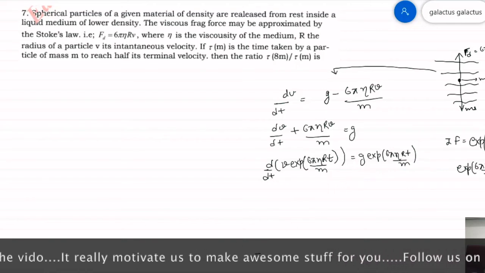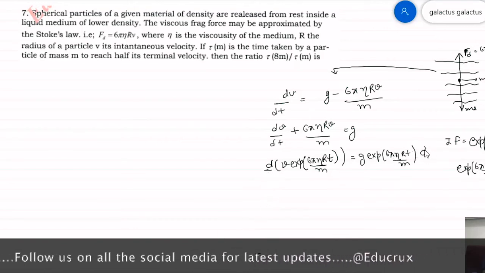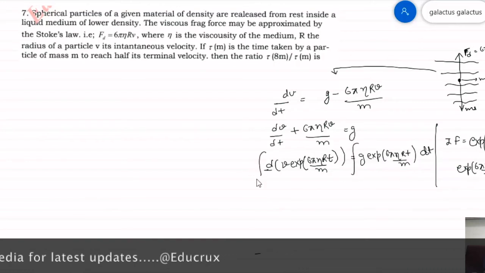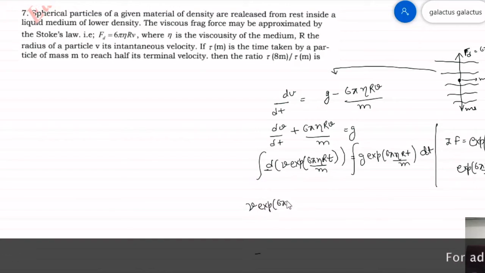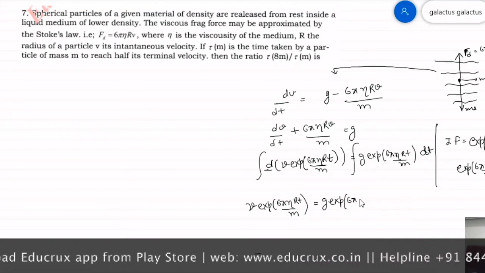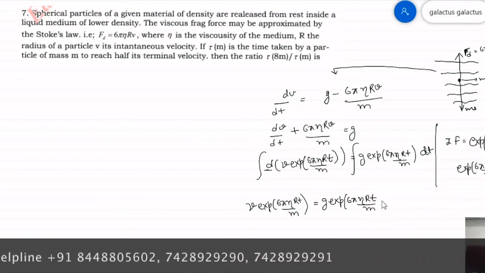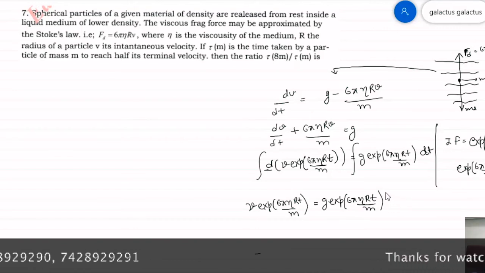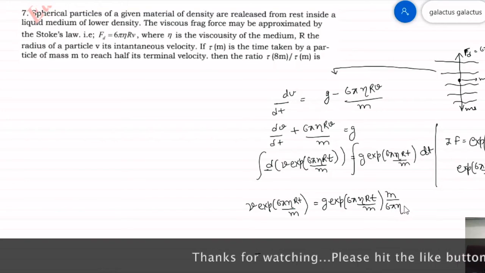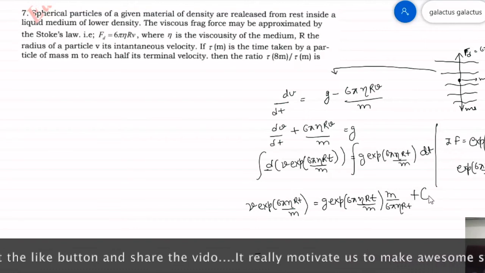If I take dt from the denominator on the left hand side to the right hand side, then I can integrate this equation on both sides and I will get v into exponential of 6 pi eta r t by m is equal to g into exponential of 6 pi eta r t by m divided by m into 6 pi eta r, plus a constant of integration c.